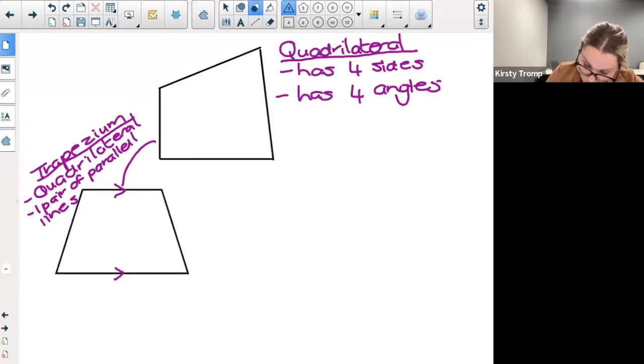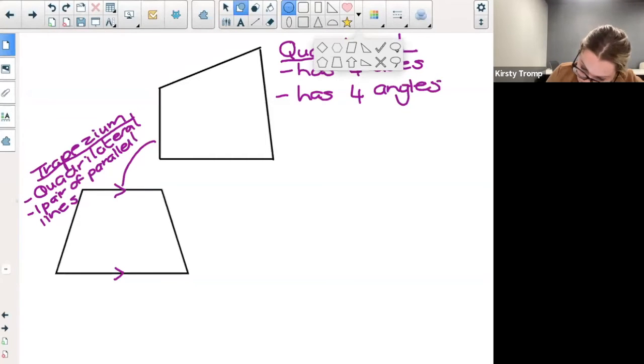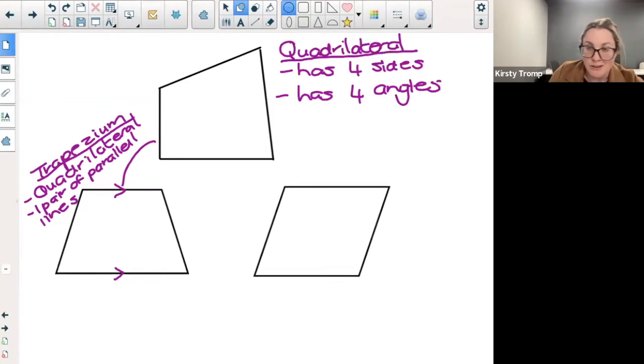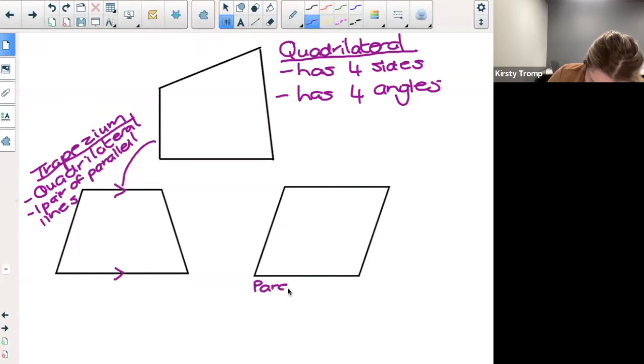And that quadrilateral is this one over here. This quadrilateral is a quadrilateral that we call a parallelogram.